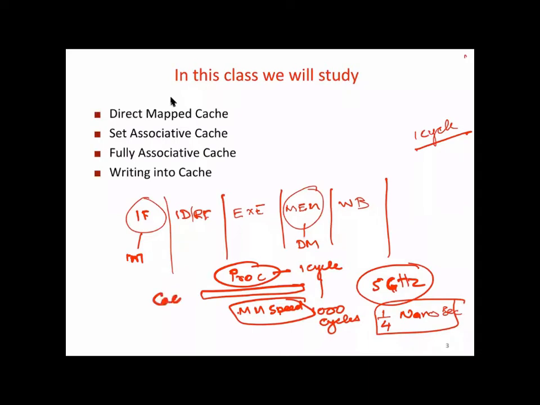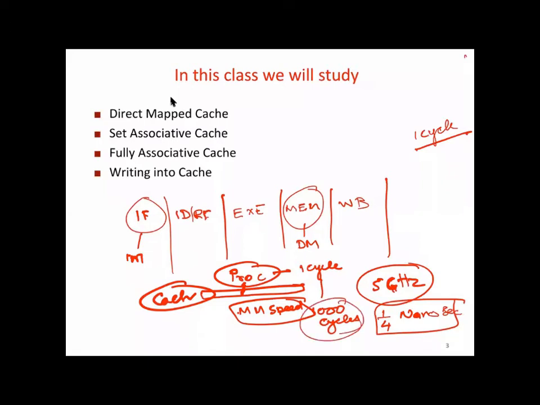Now if there is a cache, it means that the cache has to support the processor at that speed, right? So the cache has to work at the speed of the clock, or actually the response time from the cache has to be less than that of a cycle, right? And what happens if there is a miss? If the cache does not have anything, it has to bring it from main memory.